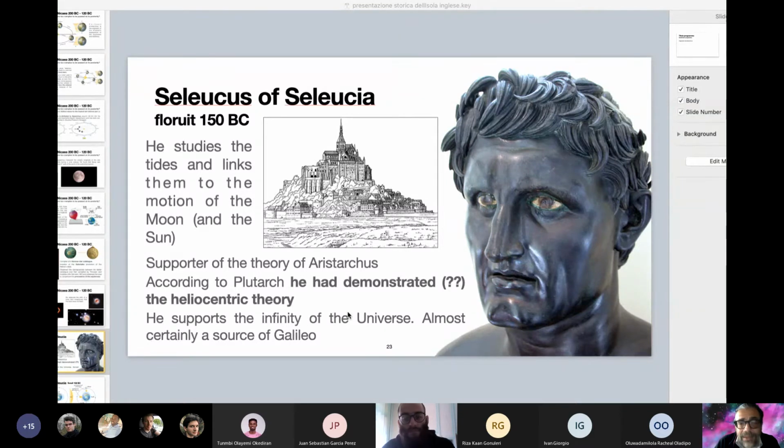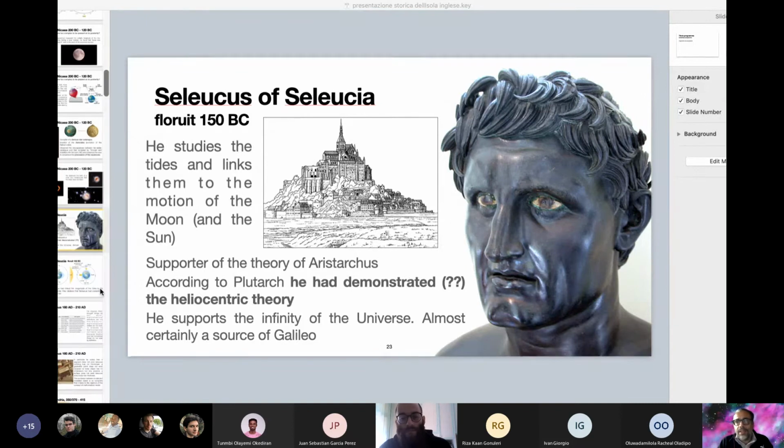And Galileo is most likely quoting him when he talks about an ancient Greek scientist describing the motion of the tides.